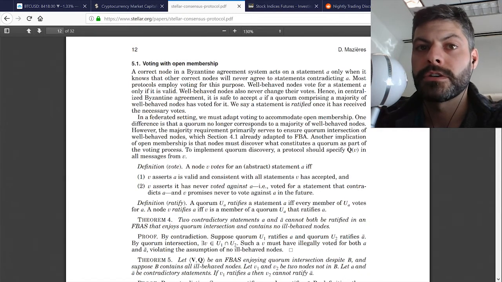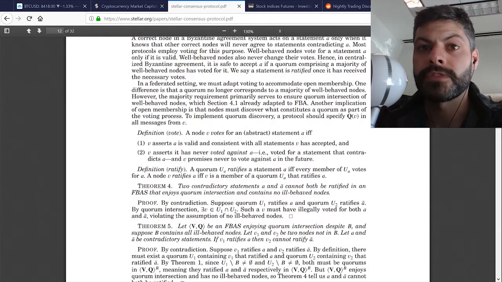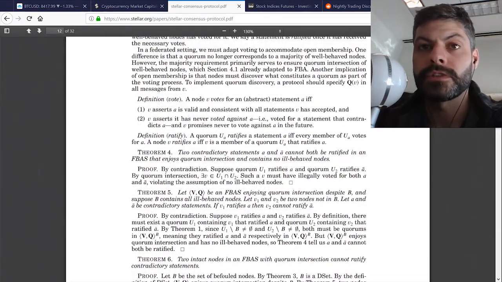Theorem 4. Two contradictory statements A and A' cannot both be ratified in an FBAS that enjoys quorum intersection and contains no ill-behaved nodes. See proof below on page 12. Theorem 5. Let the tuple V, Q be an FBAS enjoying quorum intersection despite B, and suppose B contains all ill-behaved nodes.